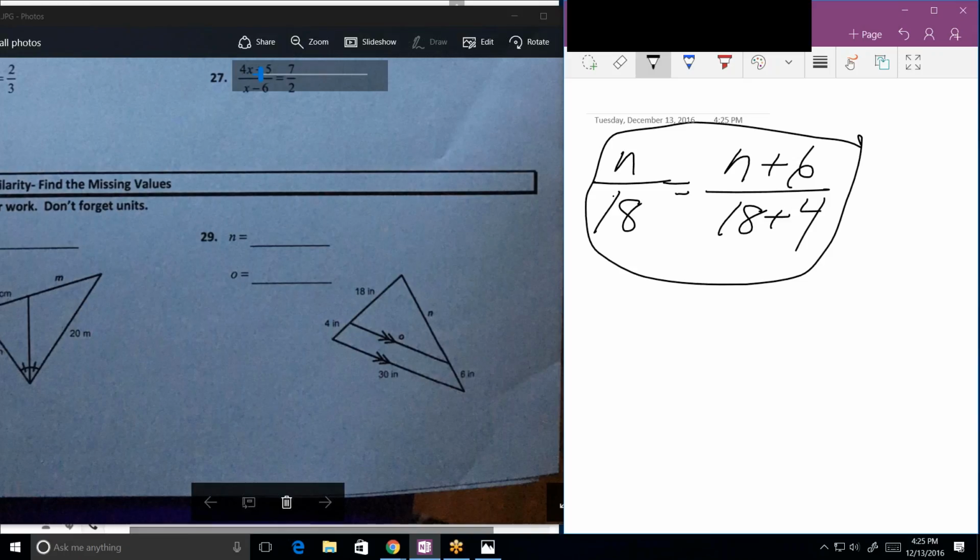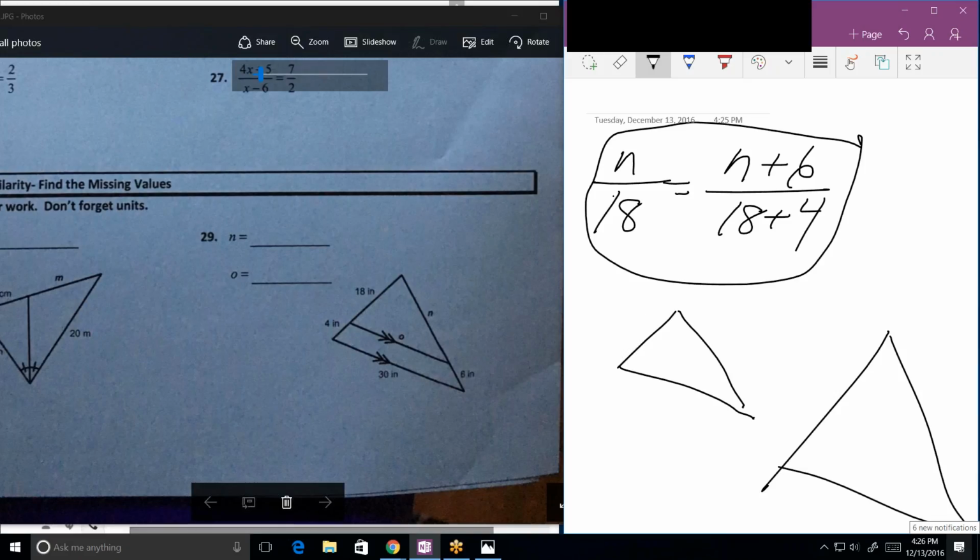And there's no question that the first ratio is the simpler way to do it. But to be honest with you, when I looked at this problem the very first time, I wasn't positive that n was to 18 as 6 is to 4, because I'd be comparing a triangle to a trapezoid. It happens to be true because this line is parallel to the base, but I don't know. I feel more comfortable looking at this and seeing two similar triangles. I see that similar triangle, and I see that similar triangle.